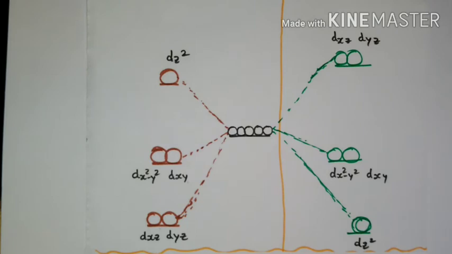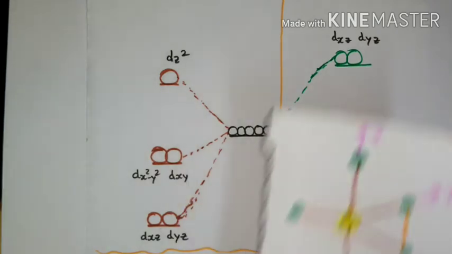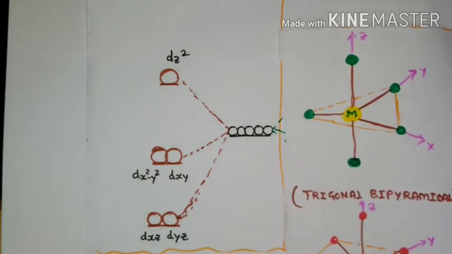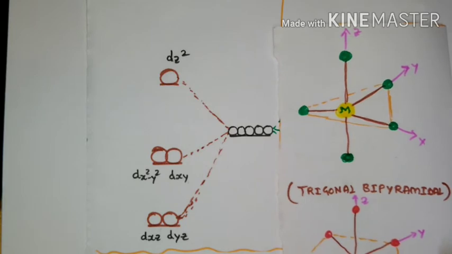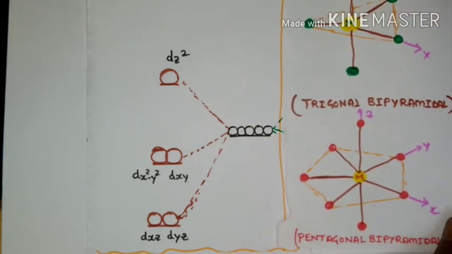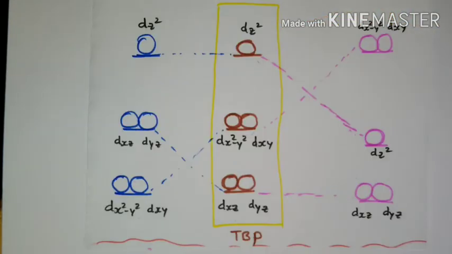So the only thing we need to remember is the d orbital splitting of trigonal bipyramidal or pentagonal bipyramidal. If we know trigonal bipyramidal d orbital splitting, then we can write d orbital splitting for square antiprismatic, trigonal prismatic and two other geometries.